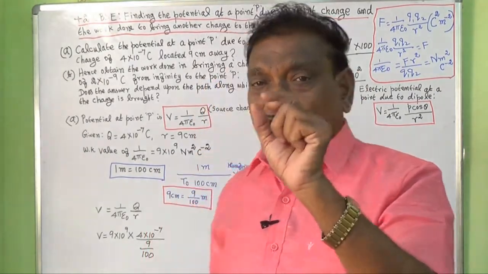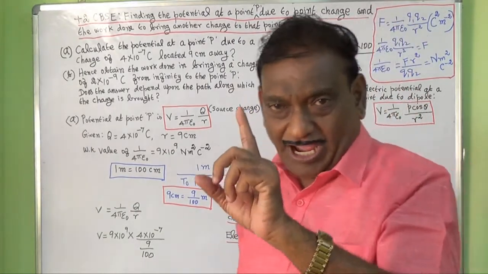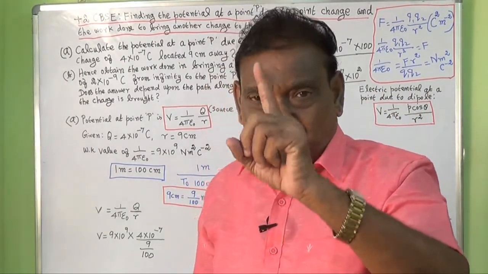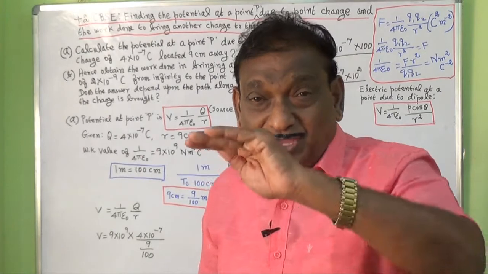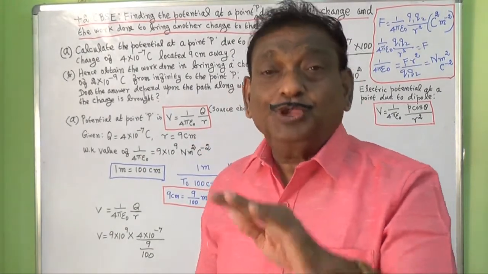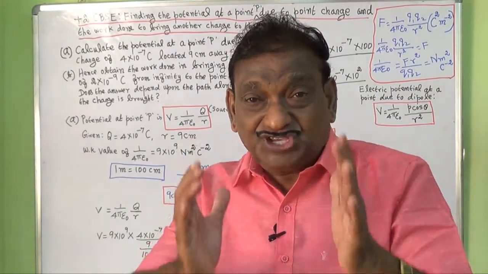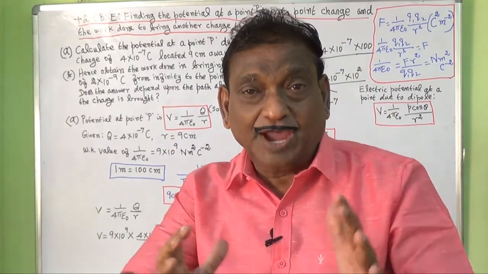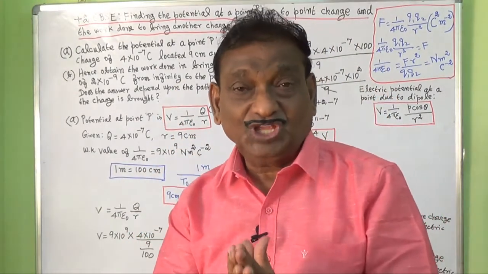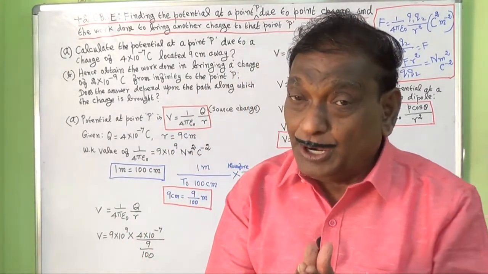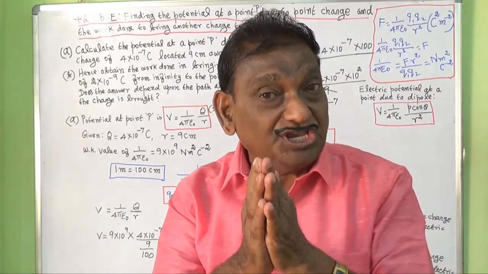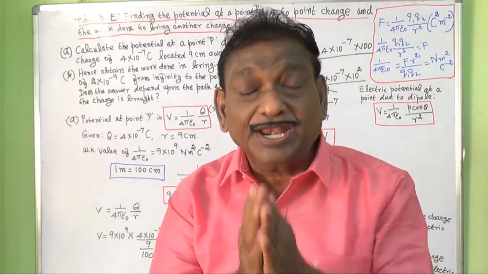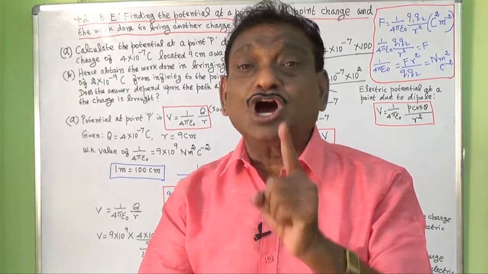It is the work done to move the unit positive charge from infinity to a point at which we are going to find the potential. It is the work done. For which purpose the work is done? The work is done to move the charge.